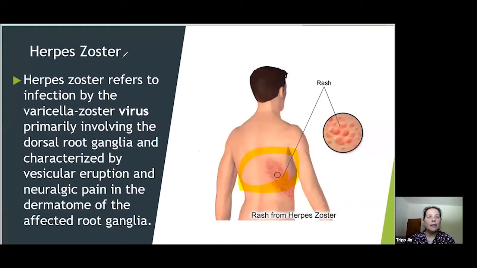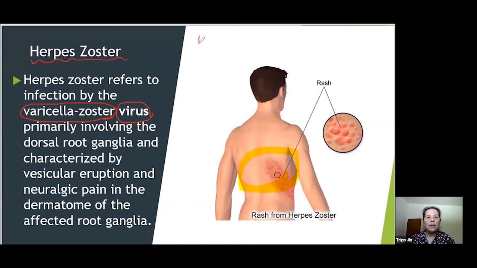The first illness we're talking about is herpes. This illness is caused by virus infection. It's a special kind of virus, and I believe a lot of people have heard about this virus infection.